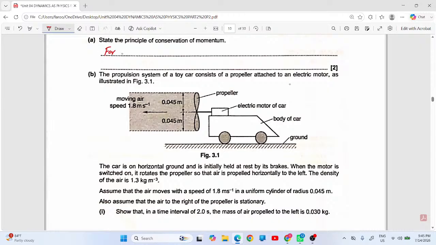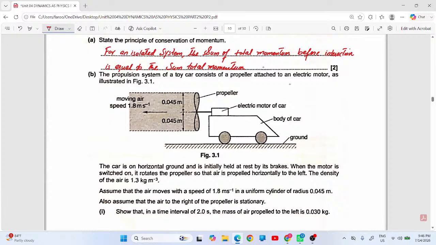For an isolated, closed system, the total momentum before interaction is equal to the total momentum after interaction.